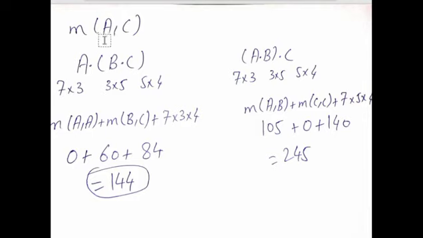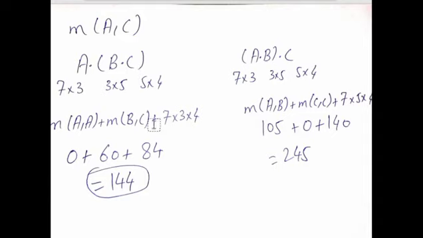So let's see what the dimensions of the matrices are. The dimensions of matrix A are 7 into 3. The dimensions of the matrix B are 3 into 5. And the dimensions of matrix C are 5 into 4. So it means that x A comma A, plus x B comma C, we have already found out this B comma C, plus now we have to multiply it overall.